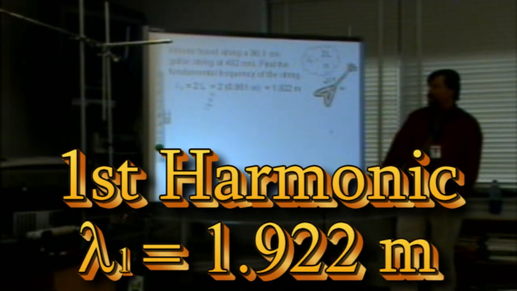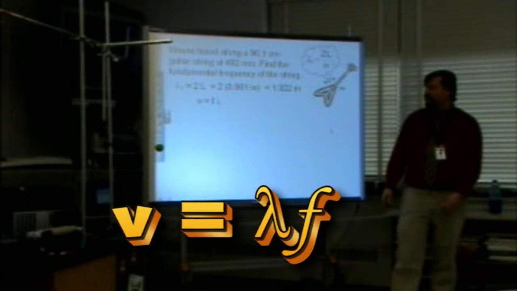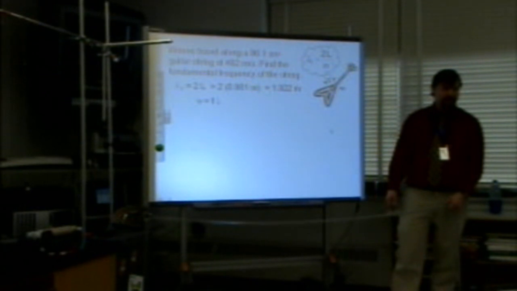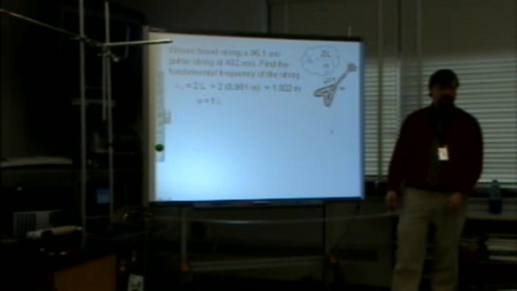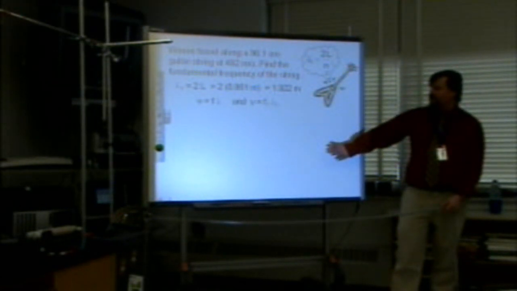But what we're looking for is the frequency. And we had our equation that wave speed is equal to the frequency times lambda, which is the wavelength. What's the wave speed? How do we find that? The speed is in the velocity. Yeah. It gives it to you. Good. 492 meters per second.